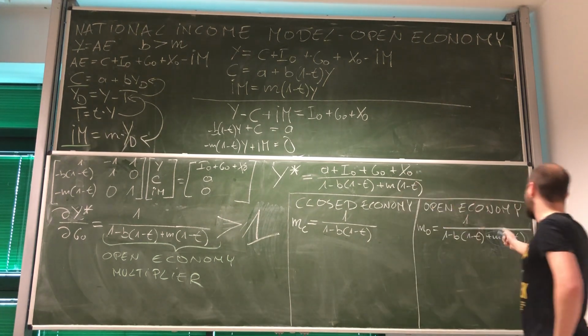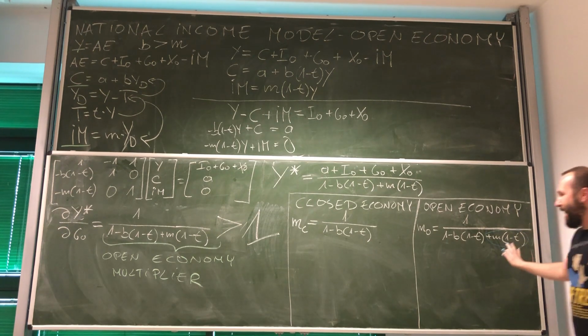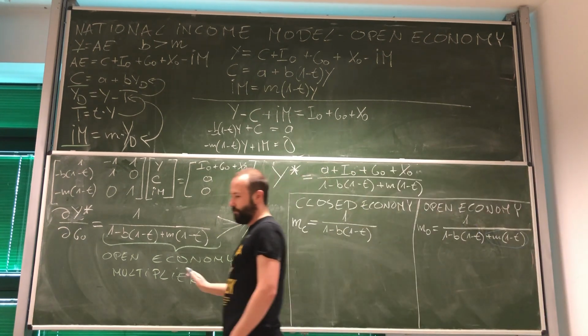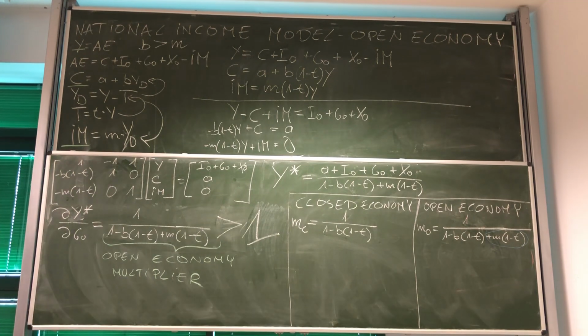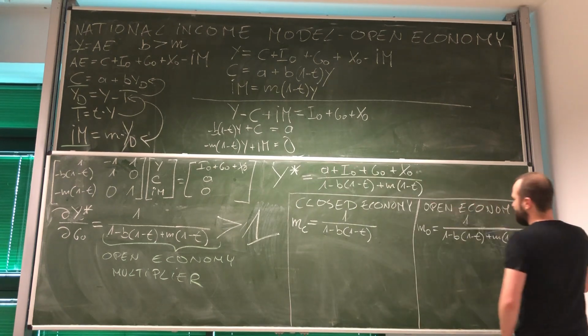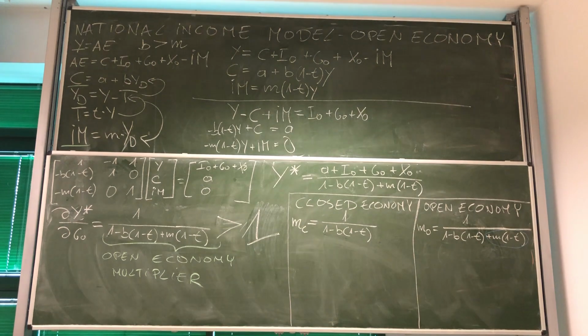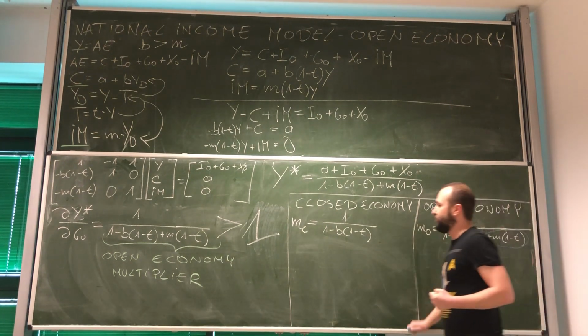This m, marginal propensity to import, times 1 minus t. This means that right away the value of the multiplier in the open economy must be smaller, because we divide 1 by a bigger number, we get a smaller number as a result.